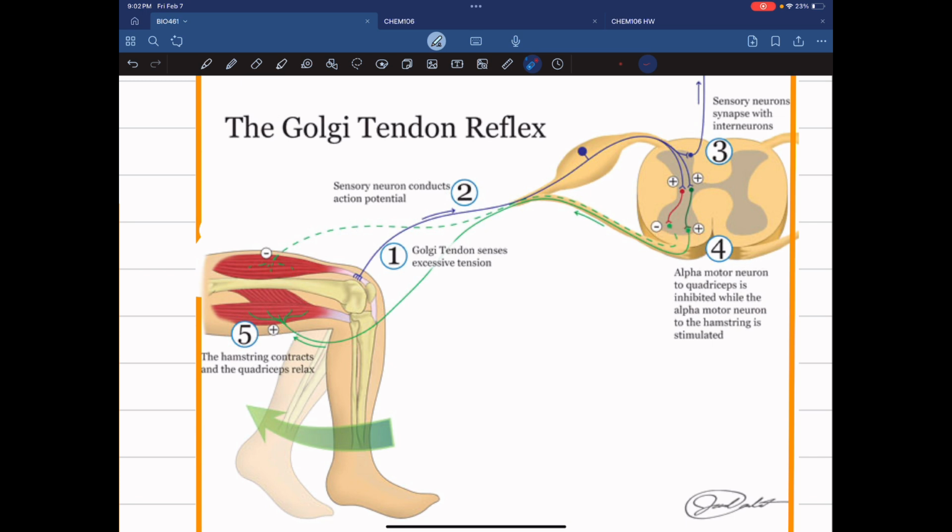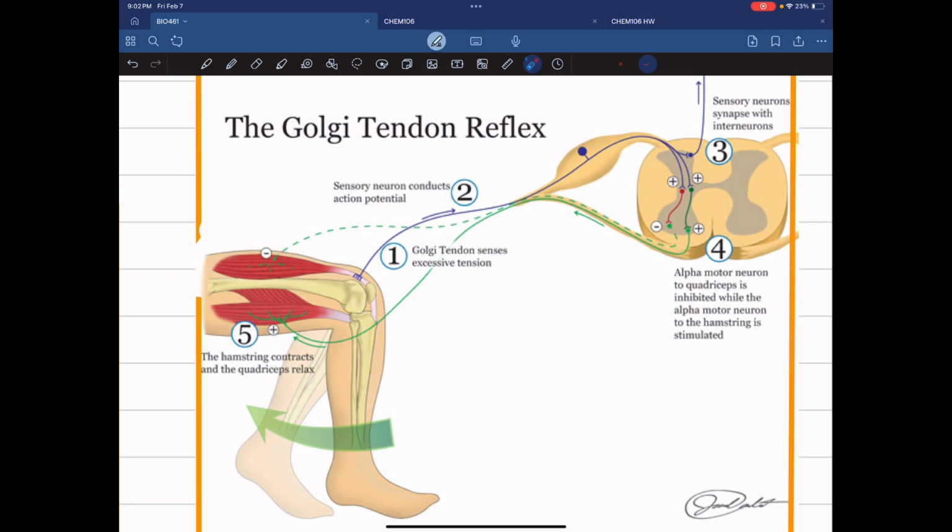It's going to go to our quadriceps and have it inhibited, while the alpha motor neuron is going to go to the hamstring and contract the hamstring while the quadriceps relax.